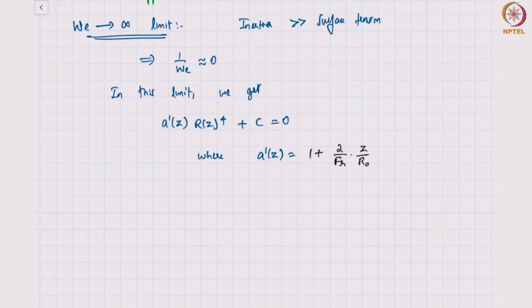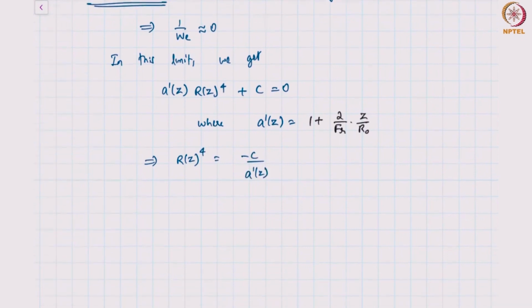Okay, and therefore I have r of z power 4 is minus c by a prime of z, and r of z is minus c by a prime power 1 by 4. Let's substitute the expressions for c and a prime.